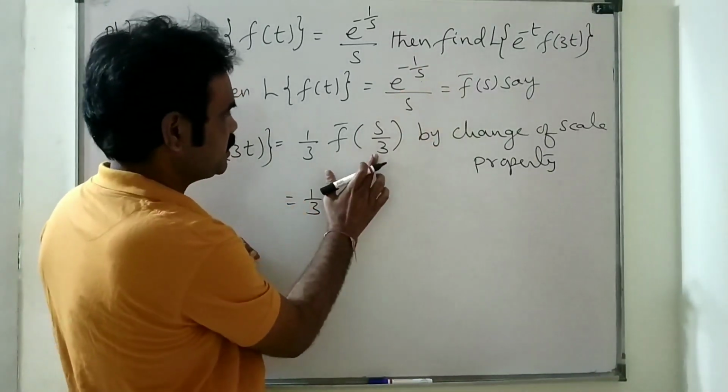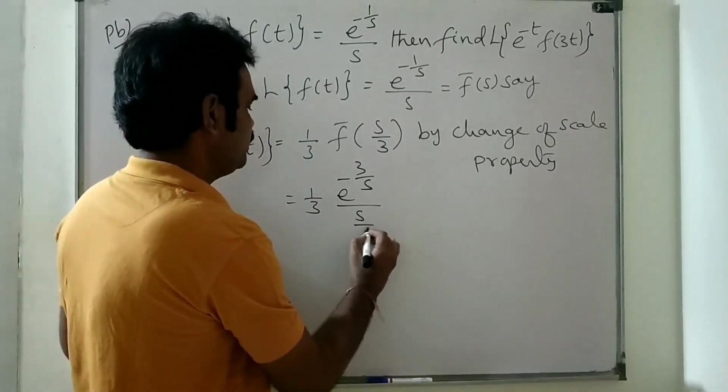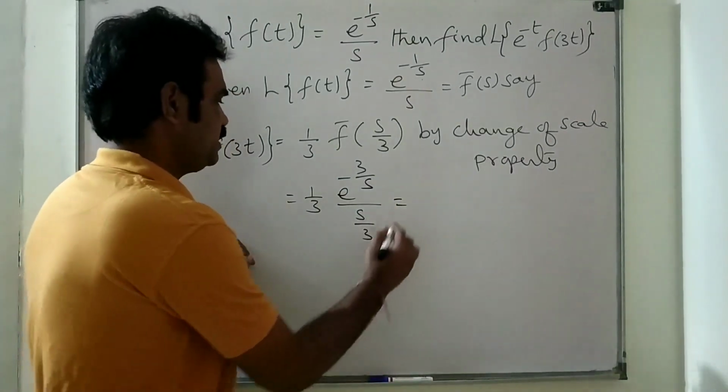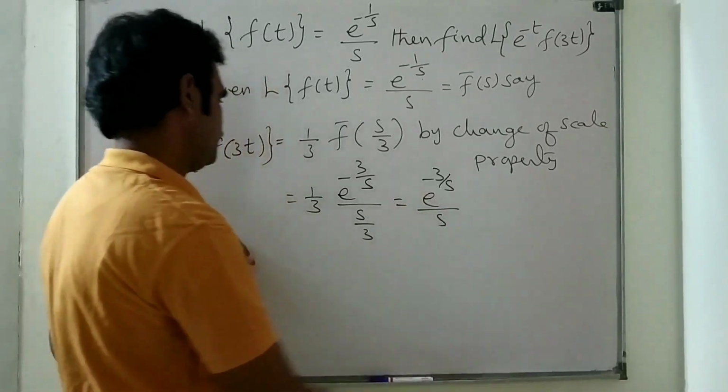In place of s write s by 3, this becomes e power minus 3 by s whole by s by 3, that is equal to, 3 cancel, e power minus 3 by s whole by s.